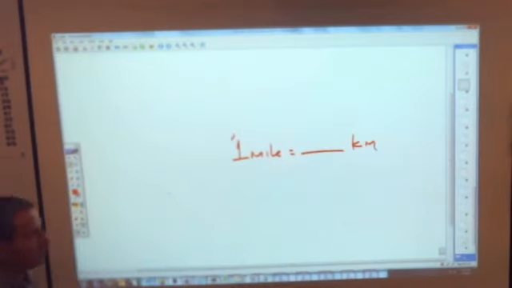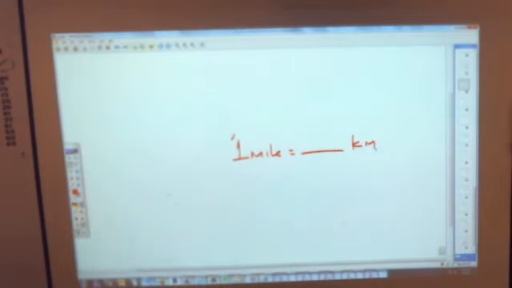You want to know how many kilometers make up a mile? Or how many miles are in a kilometer? If you want miles in a kilometer, it's going to be less than 1 because a kilometer is smaller than a mile. It doesn't matter. Either way we can do it.